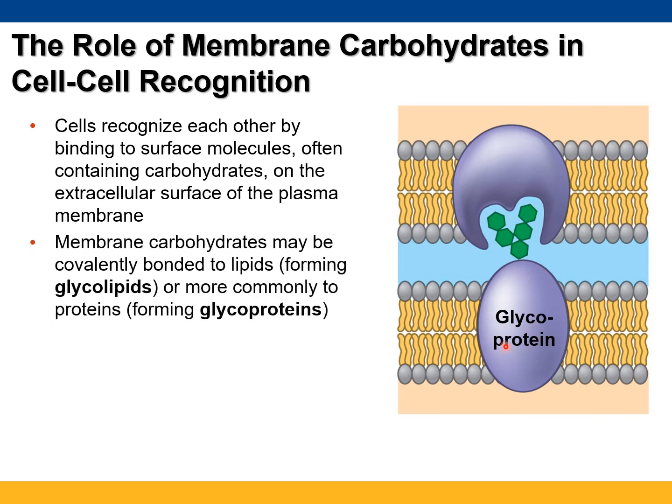The membrane proteins most involved in cell-cell recognition are glycoproteins. These are the name tags, if you will, of a cell. A protein embedded in the plasma membrane that has one or more carbohydrate groups attached to it. We also have glycolipids out there, so we have phospholipids that have carbohydrates attached to them. Remember that carbohydrates are on the exterior surface of the cell, so this is in between two cells.